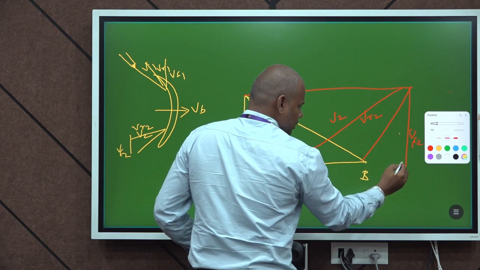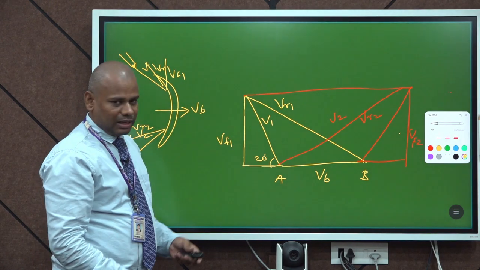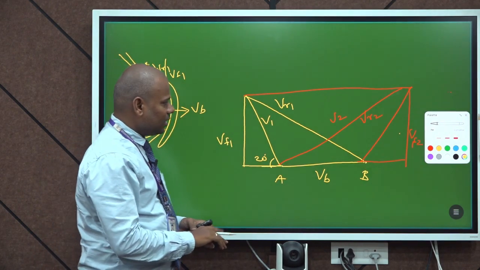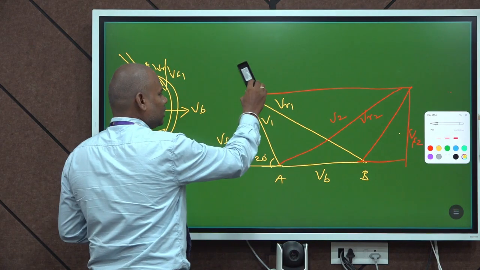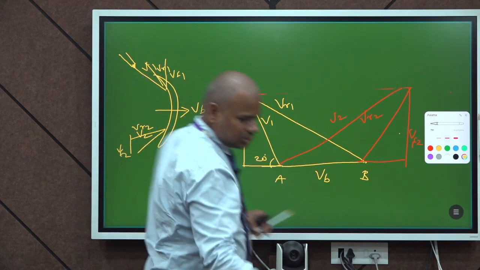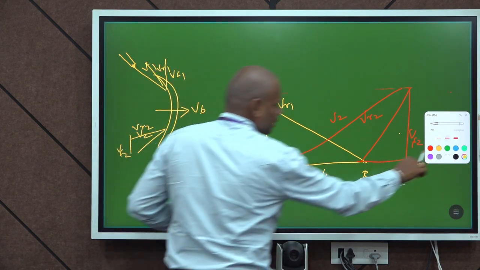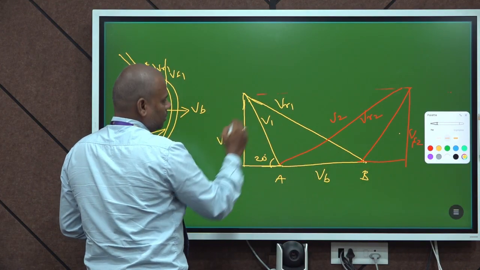VF2. So you will have to conclude the diagram, and this is how the velocity diagram looks like. And in YouTube or even the books, you will get to know the diagram only; they will draw it as an inverted triangle. You can also draw like this, but you will never find an inverted triangle of this.